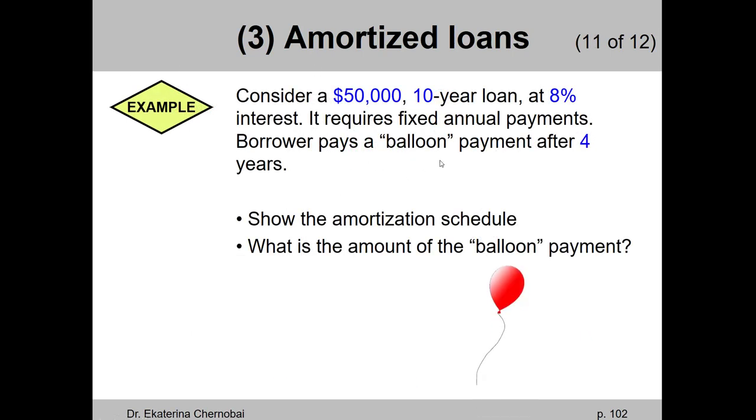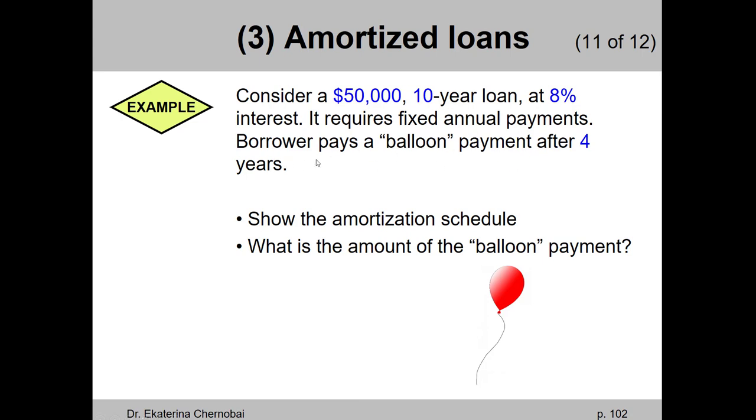Okay, let's look at the same problem. You take a loan for $50,000 for 10 years at 8% interest rate. You're required to make fixed annual payments. So essentially, this version of amortized loans with the balloon payment is just like the one we just did with fixed total annual payments. In this problem, the borrower pays a balloon payment after 4 years.